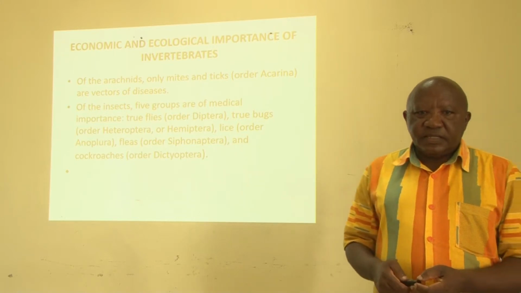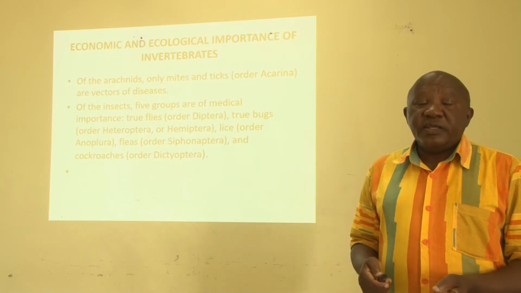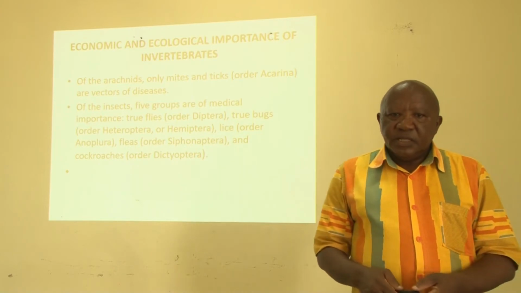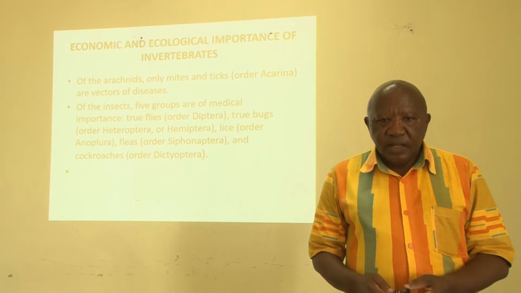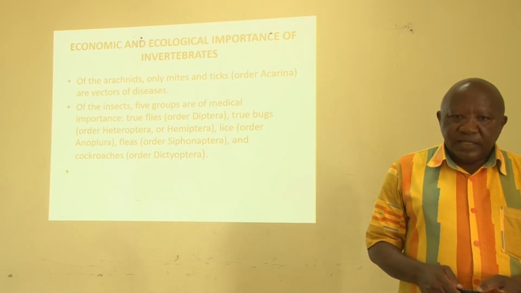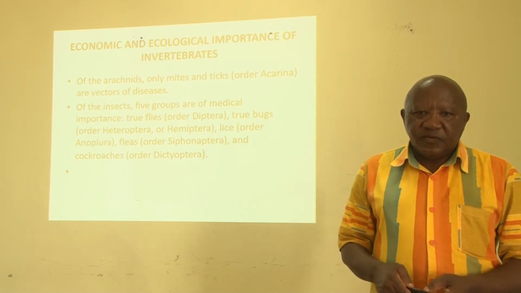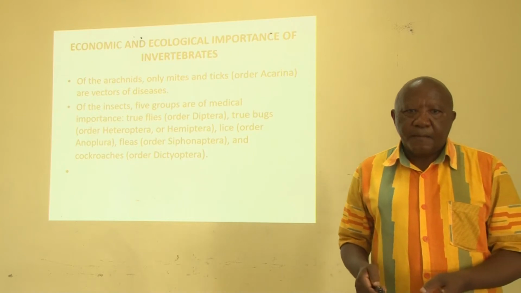Of the insects, 5 groups have medical importance: true flies, which belong to order Diptera; true bugs, which belong to order Heteroptera or Hemiptera; lice, order Anoplura; fleas, order Siphonaptera; and cockroaches, order Dictyoptera.